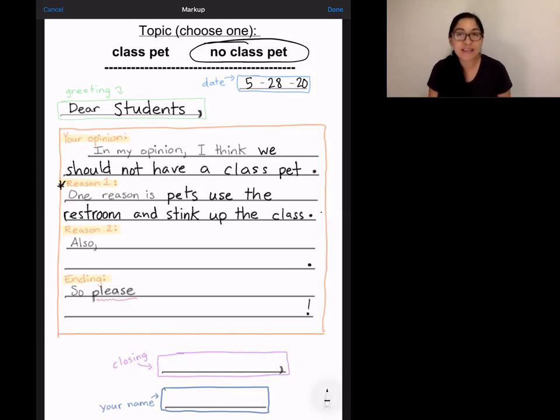That's a good reason. Okay, now I have to give another reason because I'm really trying to convince you guys. In my letter, I'm really trying to explain why it's not a good idea.